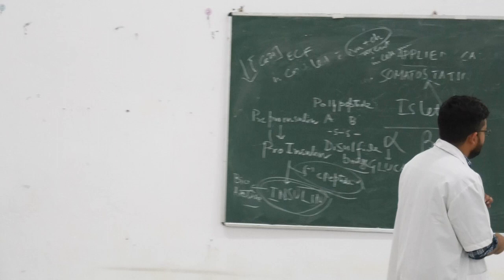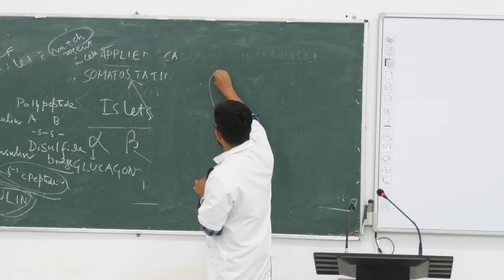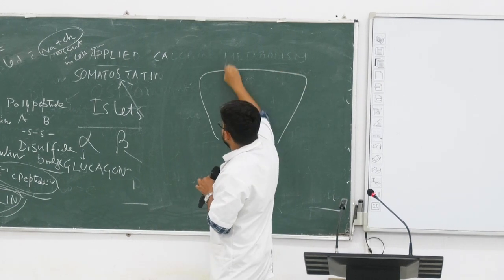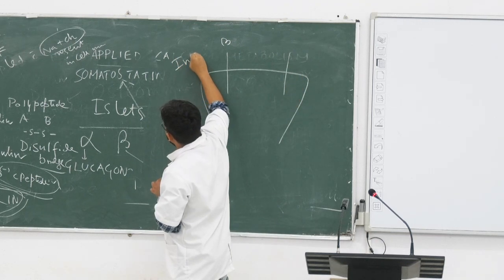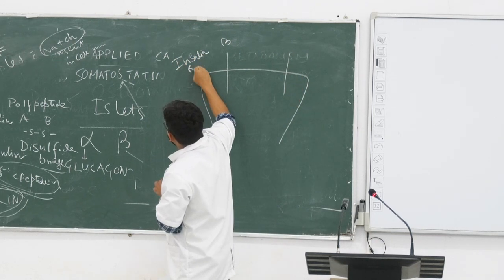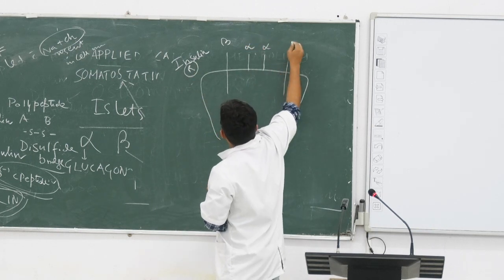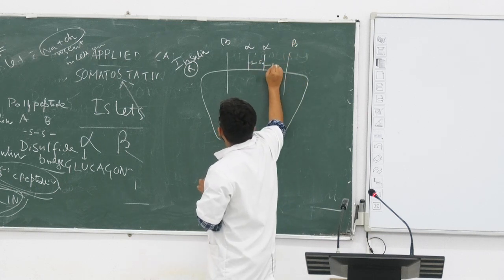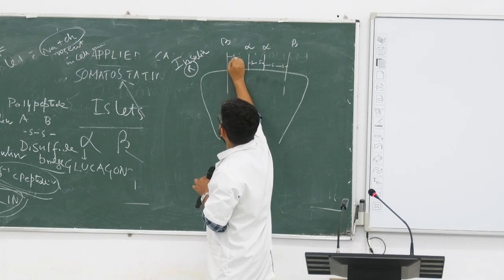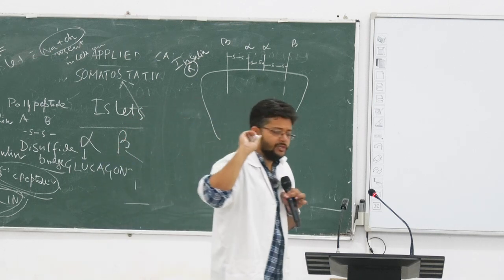So now we come to the insulin receptor. Insulin acts through the insulin receptor. You can see alpha is at the cell membrane level, that is extracellular.